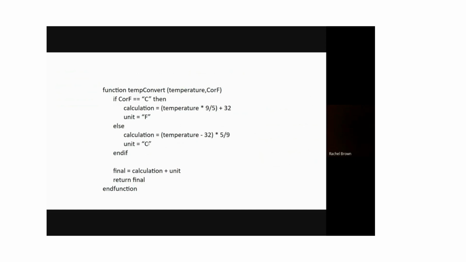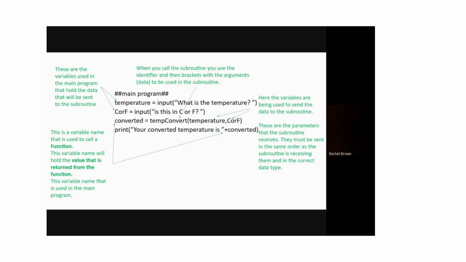And unit would become C. So we've now got 30C. And up here, converted is now going to hold that 30C that is being returned from the function. And therefore, we're going to print "your converted temperature is", and that would then come out as that 30C.